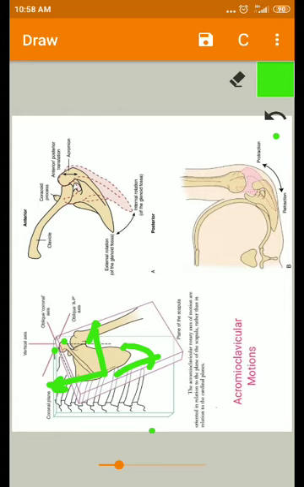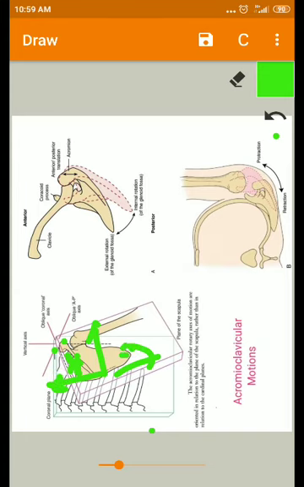Sometimes this scapula will tilt anteriorly. The superior part of the scapula is tilting anteriorly, then the inferior angle will become prominent on the posterior aspect. Such a kind of movement is called anterior and posterior tilting or tipping.